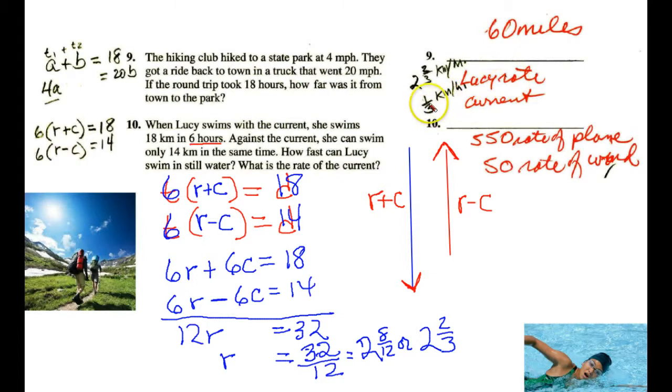And the rate of the current, if you put your 2 2/3 in there, will be 1/3. Okay? So if this is 2 2/3 plus 1/3, that's actually going to add up to 3. So 6 times 3 is 18. That's what we had. Okay.